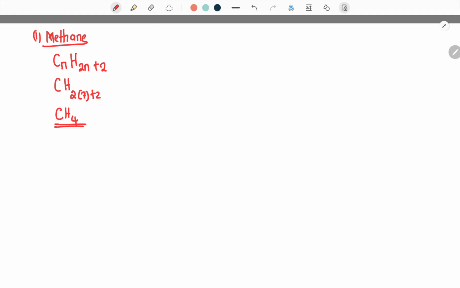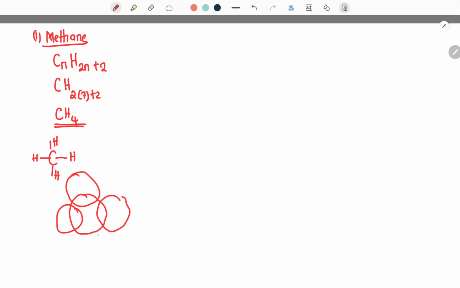How are we going to write its structural formula? Of course, it's going to be carbon here, hydrogen here, hydrogen here, hydrogen here, hydrogen here. How is the covalent bond going to be?